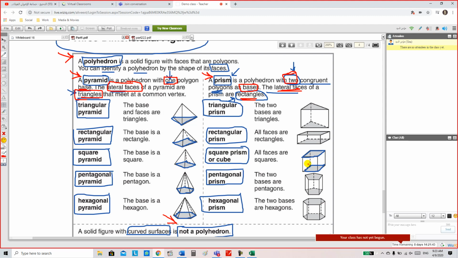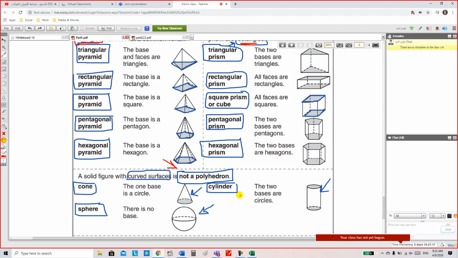We have two ways to call it, because we have two bases of squares. Pentagonal prism and hexagonal prism. The same way, if we want to get octagonal prism, we have octagon as a base, or decagonal prism, we have decagon as the bases.